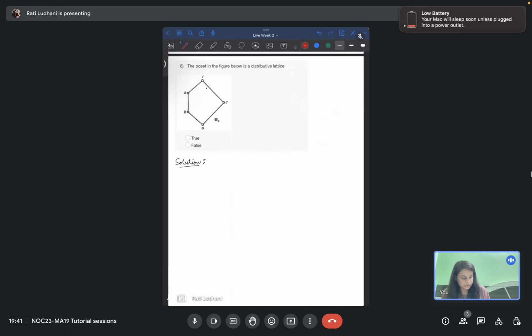This was the question regarding distributive lattice. So you have this lattice, and it has been asked whether this is a distributive lattice or not. Again, try to have something which are in an incomparable situation, and check whether this is true or not.